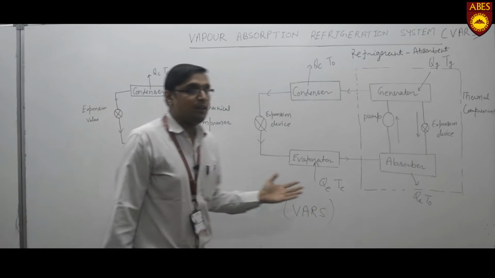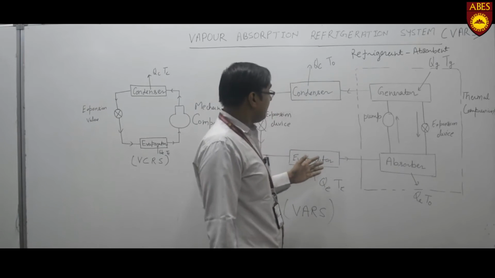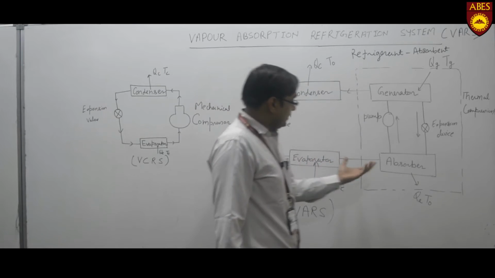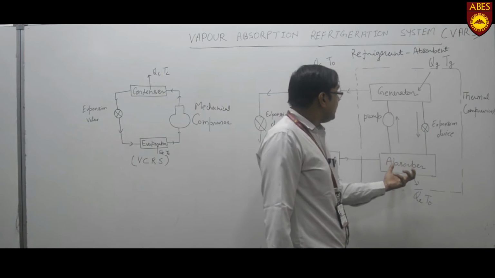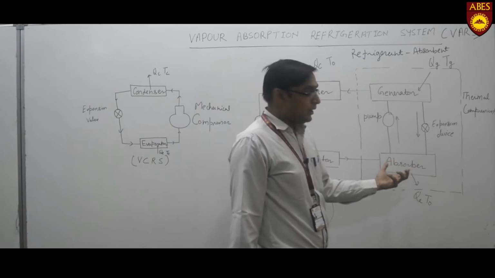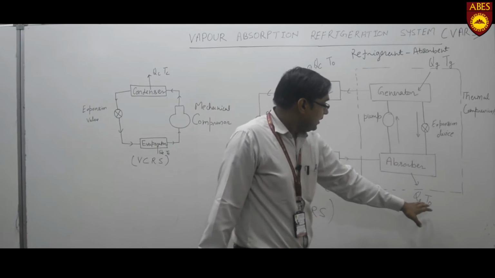But if we see the VARS cycle, in this case the refrigerant vapor at low temperature and low pressure is absorbed by the absorbent in the absorber, where heat of reaction is rejected at temperature TO.